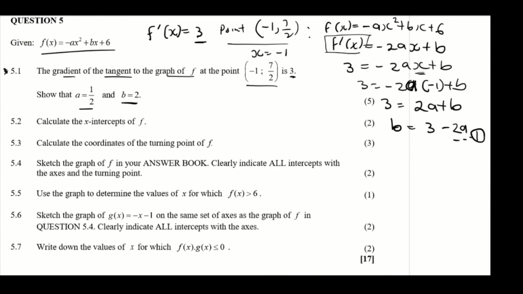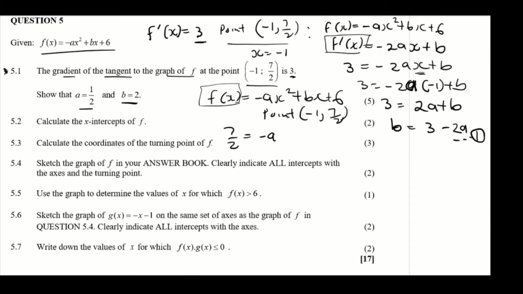Then for equation 2, we use the original equation, f of x equals -ax squared plus bx plus 6, and the given point (-1, 7/2). We substitute 7/2 for f of x, and where we see x we put -1. So 7/2 equals -a into -1 squared plus b into -1 plus 6. Here -1 squared is just 1, so you get 7/2 equals -a minus b plus 6.